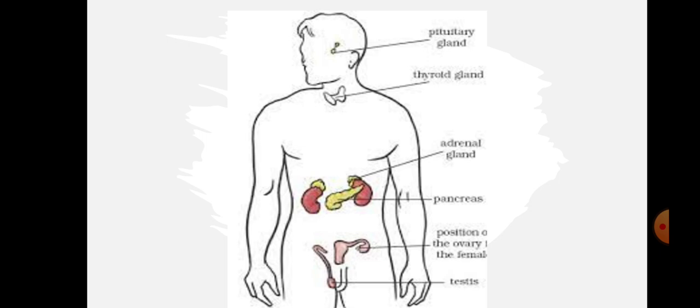These are the endocrine glands. This is another picture: pituitary gland, thyroid, adrenal gland, pancreas, then ovaries and also testes.